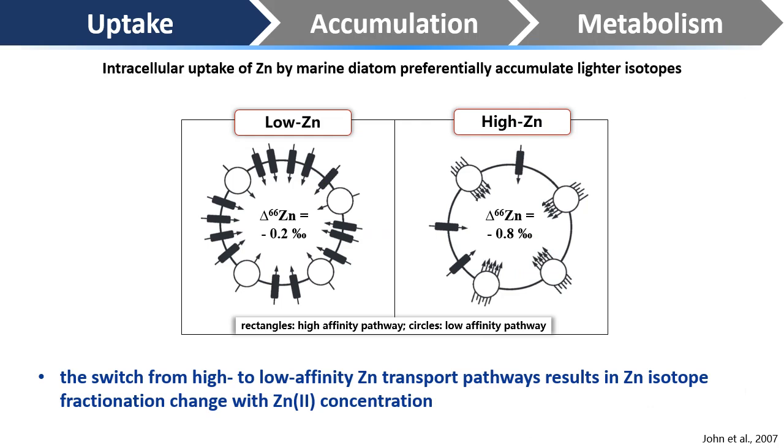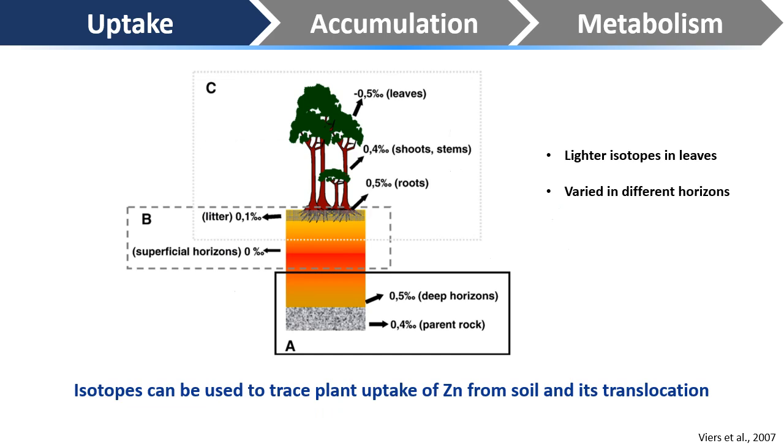And just for the uptake, this study showed that the intracellular uptake of zinc by marine diatoms preferentially accumulates light isotopes, and also the switch from higher to lower affinity zinc transport pathways results in changes of zinc isotopic fractionation with zinc concentration.